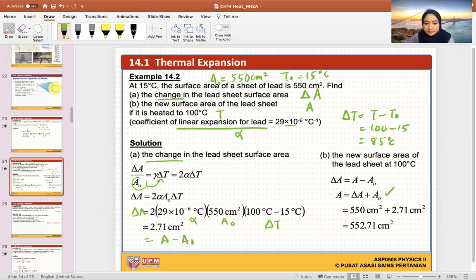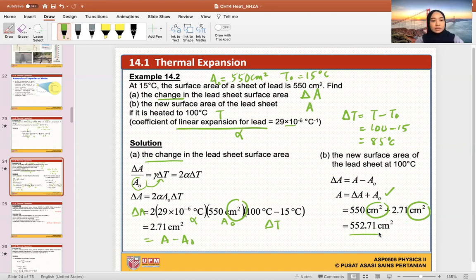Kalau you use this guy as centimeter squared, your answer will be in centimeter squared. So tak payah convert apa-apa, just tambah. Make sure both units are the same before you add them together. This is your final answer, your new area. So they expand by 2.71. The final area is 552.71. Senang je, pakai equation je.